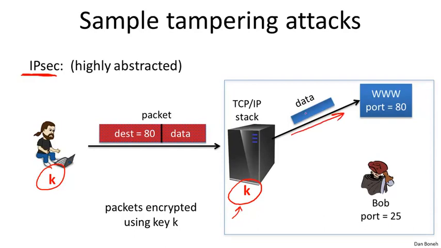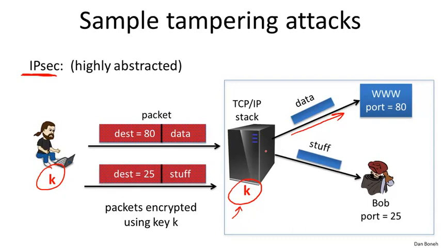You notice the data here is decrypted. So in this case, it would send it to the web server because the destination port is port 80. If the destination port happens to be port 25, the TCP/IP stack will decrypt the packet, look at the destination port, and send the data in the clear to the process that's listening on port 25.